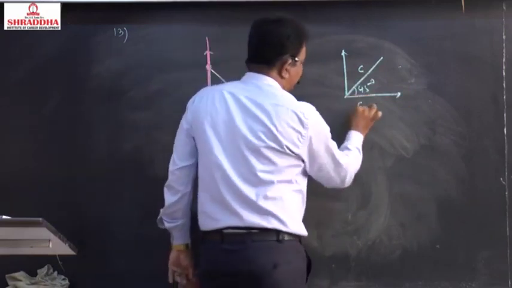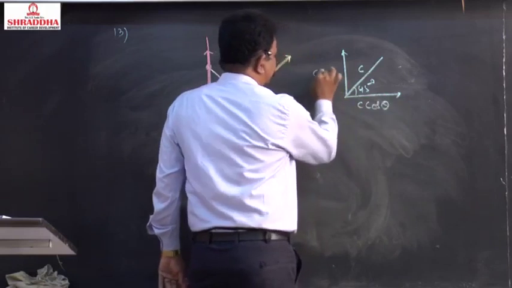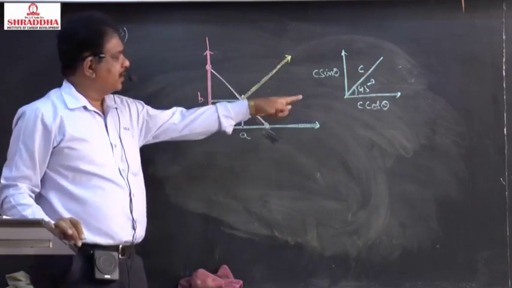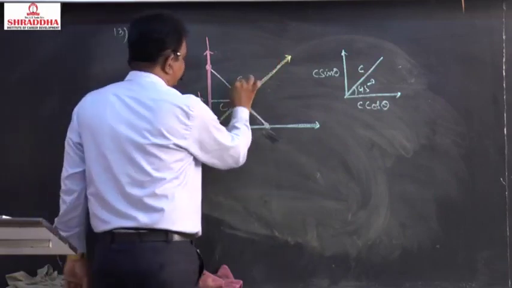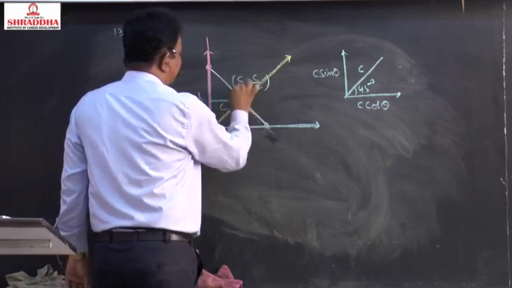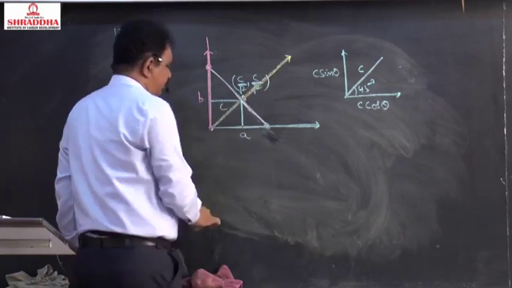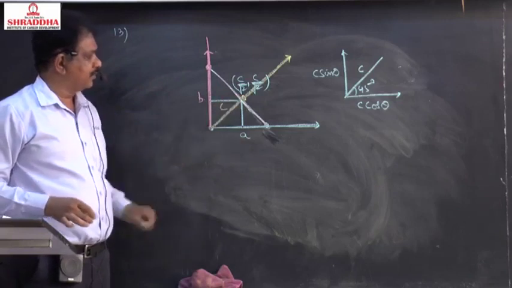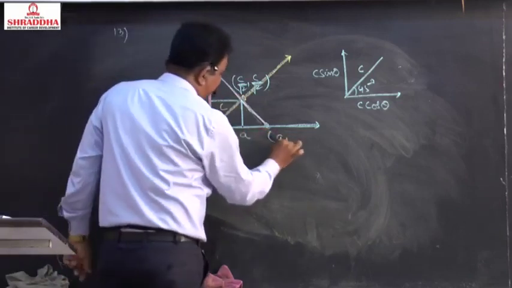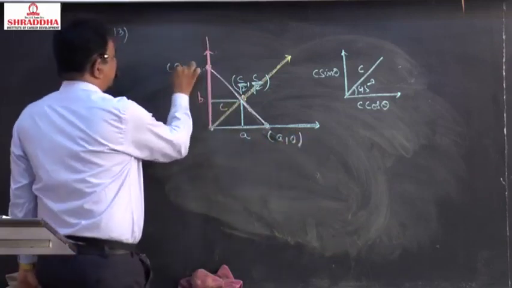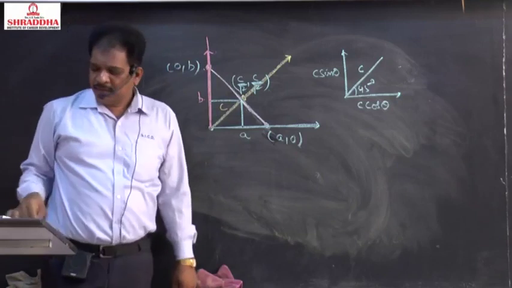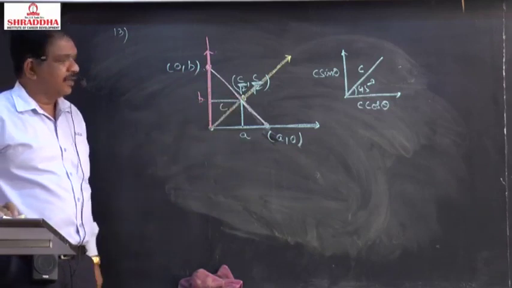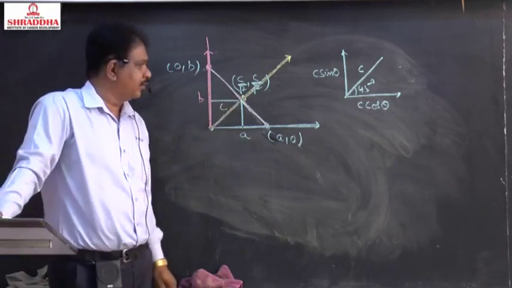This value will be c cos theta, and this value will be c sin theta. c cos 45 means c by root 2, c sin 45 means c by root 2. So c by root 2, c by root 2 are its coordinates. Here what are the coordinates? A, 0. Here, 0, B. So A, 0 and 0, B. Here particle C coordinates are c by root 2, c by root 2.